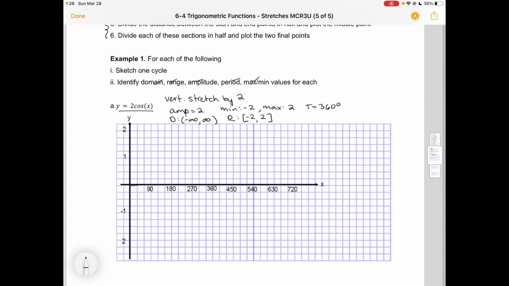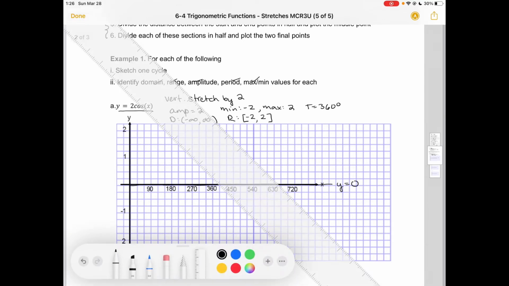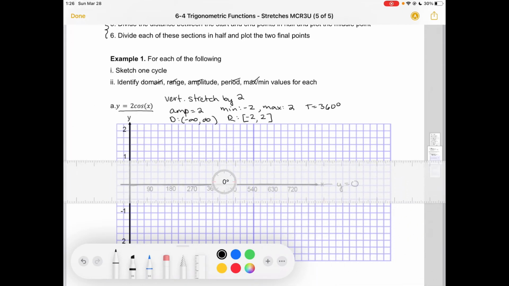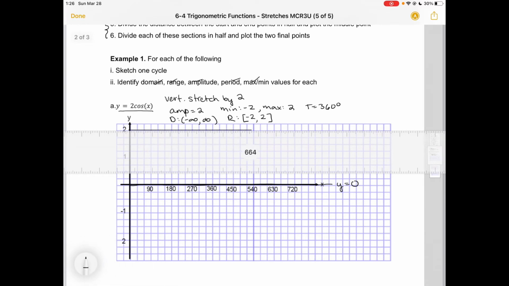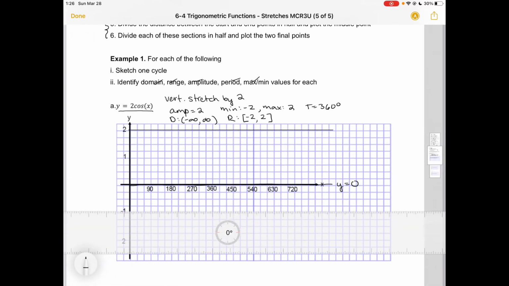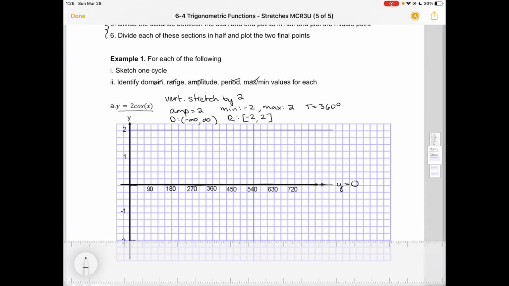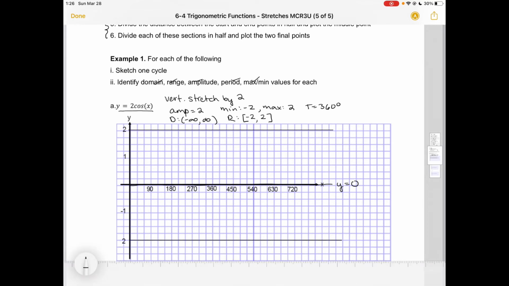So first thing I'm going to do is draw on the midline, which is right here at y equals 0. The next thing that I'm going to do is draw on my maximum line at y equals 2. I'm going to draw on my minimum line, y equals minus 2. And I'll label those. So I've got my maximum and my minimum. And then I'm going to sketch a cycle. So I'm doing cos x, so I know that I'm going to start at a maximum.